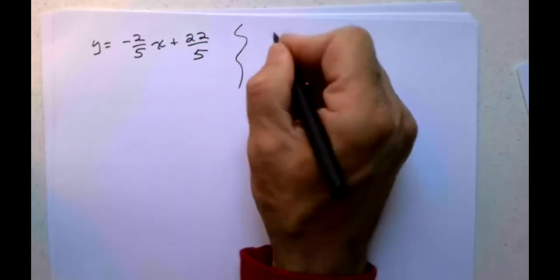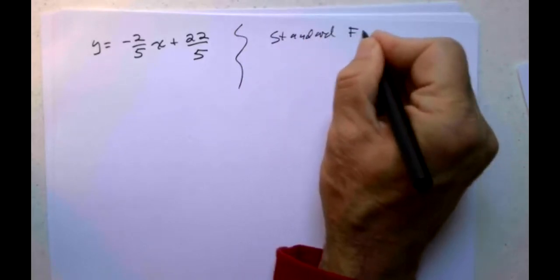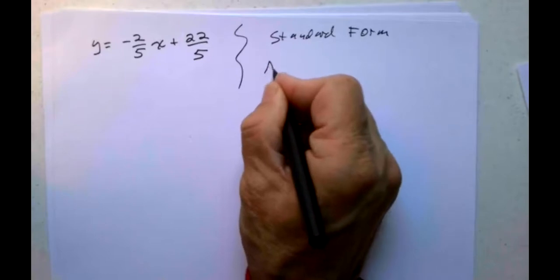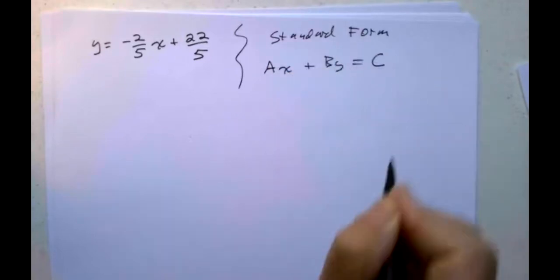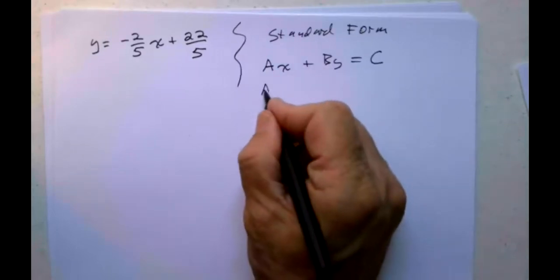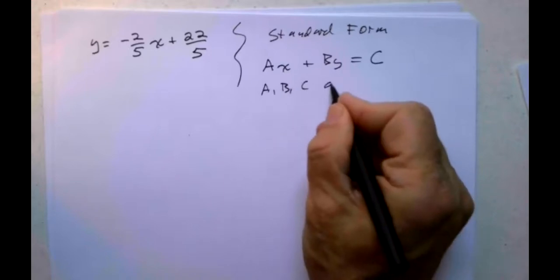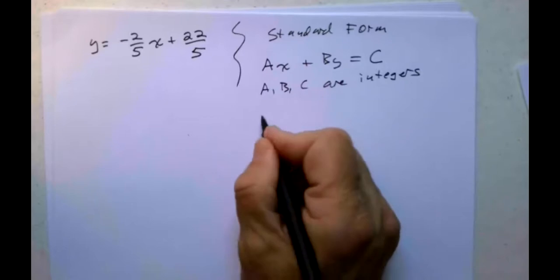So what is standard form? I like it to be of the form ax plus by equals c, where a, b, and c are not fractions, so they are all integers. And a has to be positive.